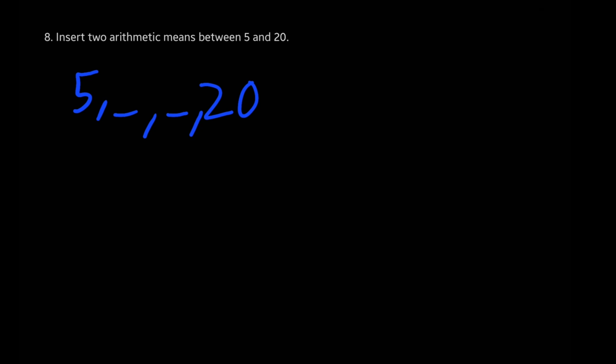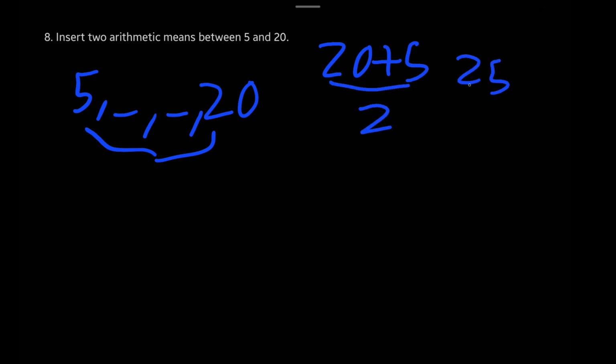As you can see here, the mean doesn't ask for an odd number of values. If we try our original formula, 20 plus 5 over 2, we get 25 over 2, or 12.5. But where would we put this 12.5? Would we put it here, or here? Well, you can't really put it there because it's practically in between them.